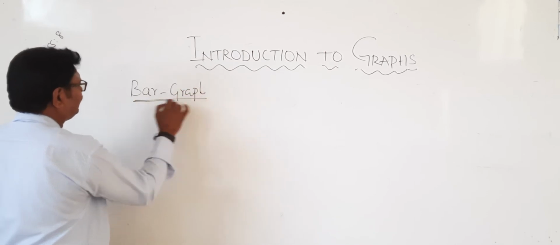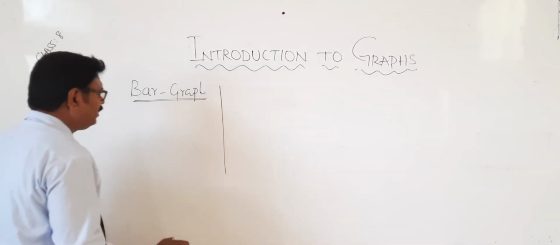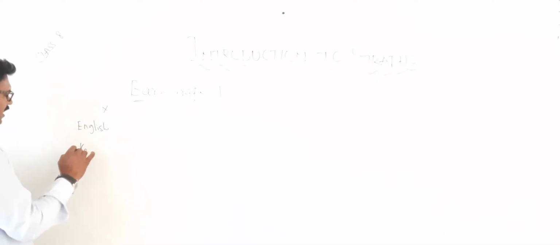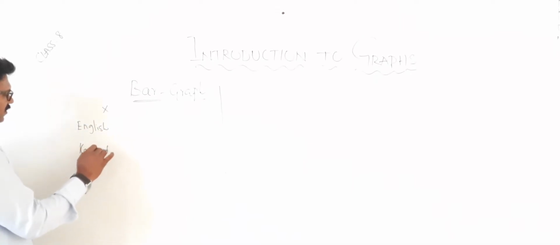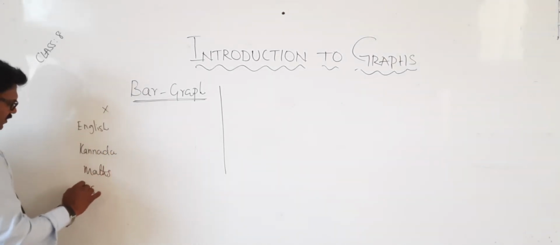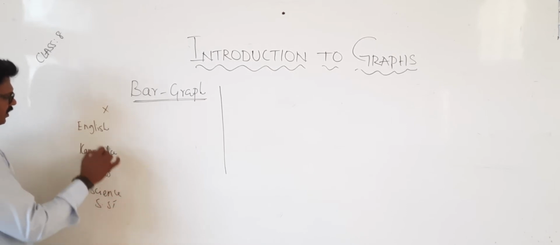What is a bar graph? The data is represented in terms of bars. You might have seen, for example, one small question: marks scored by X. English, Kannada, mathematics, science, social.